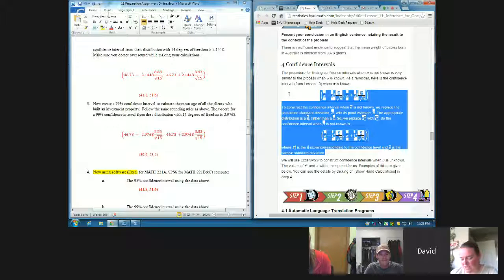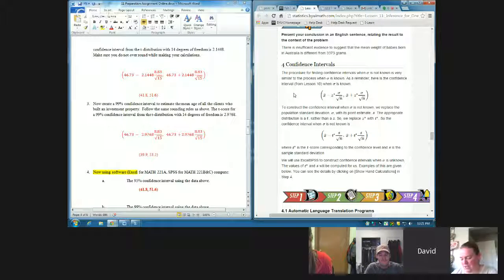Kind of like the same formula that we did on Tuesday, except the Z is the T, or the T is whatever. It replaces the Z. Okay. Mm-hmm. All right. Then I think I'm okay.